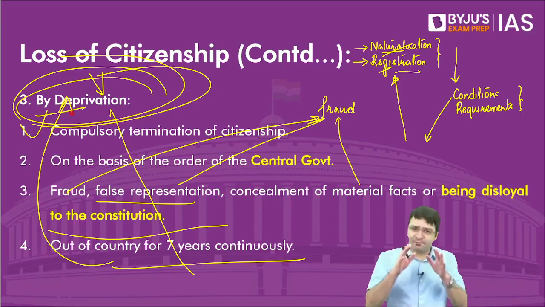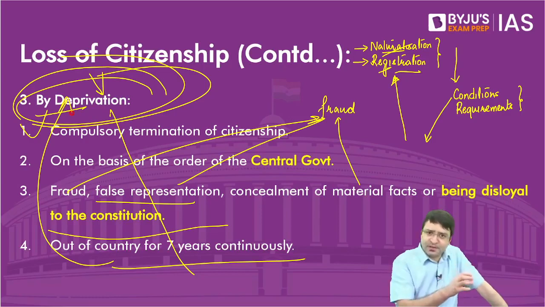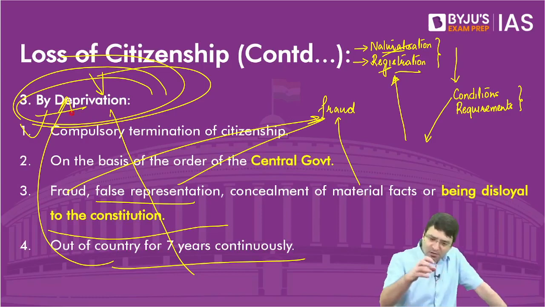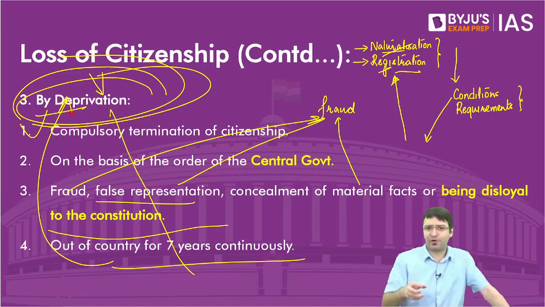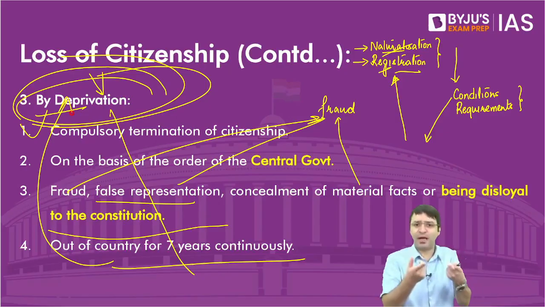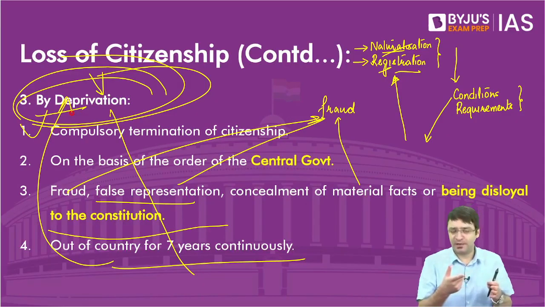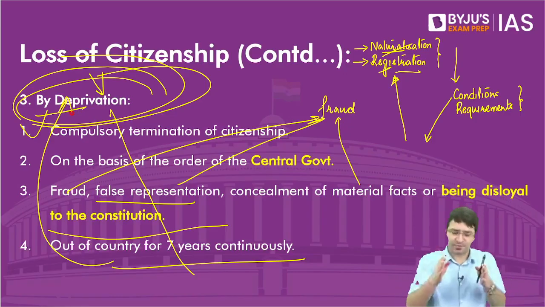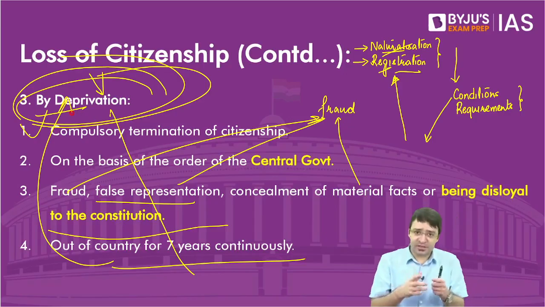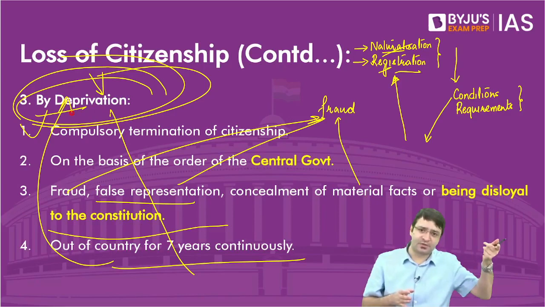That means if there are 5 ways of acquiring Indian citizenship, which is through birth or descent or registration or naturalization or by incorporation of a foreign territory, there are 3 ways by which one can lose citizenship as well. Which are these 3 ways? By renunciation, which is a voluntary act. I am voluntarily giving up my Indian citizenship. Or through termination, which is you are an Indian, but at the same time you have acquired the citizenship of another country.